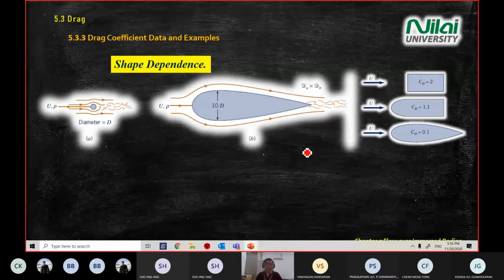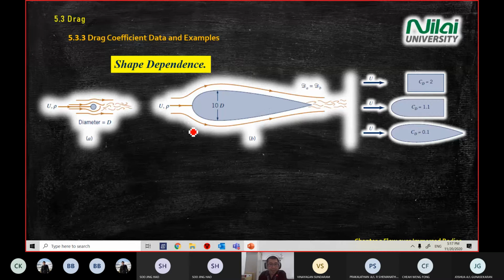Now the diagram above question 26. As you can see, there are 2 different shapes here. We assume in these 2 cases, although we have a different size, the total drag on object 1 on the left will be the same as the total drag on object number 2.